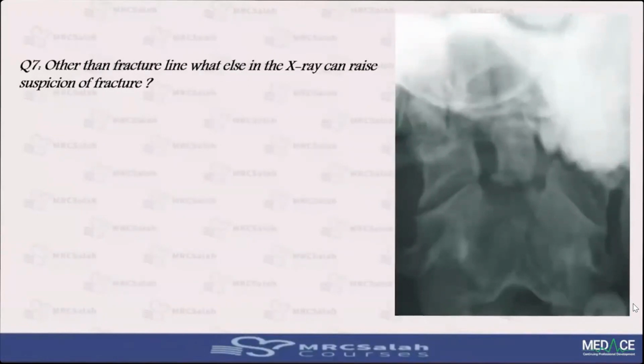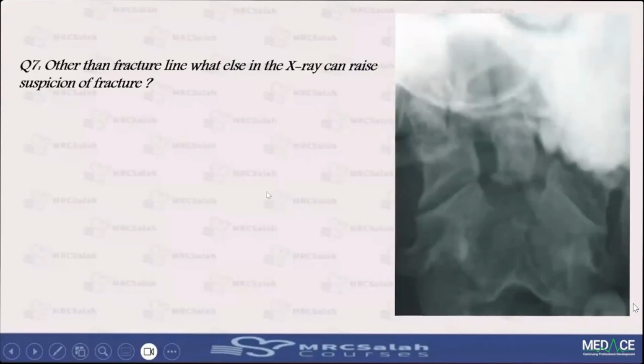What can raise suspicion of fracture is that the distance between the odontoid process and the lateral mass will be asymmetrical on each side, and also there will be prevertebral edema. Yes, so there will be abnormality in the alignment, as you explained, the distance between the odontoid and the lateral masses of the atlas, and the soft tissue edema.